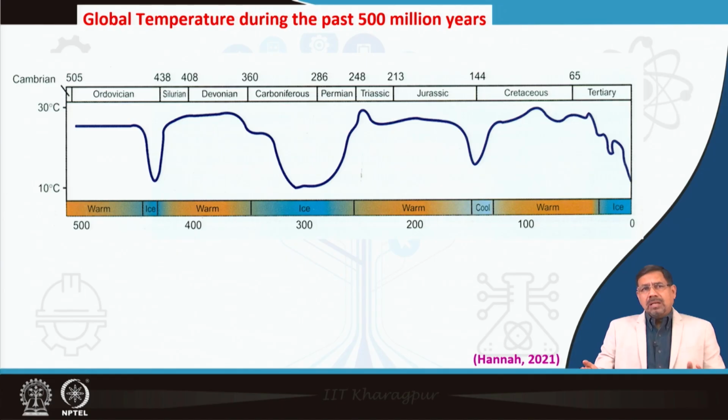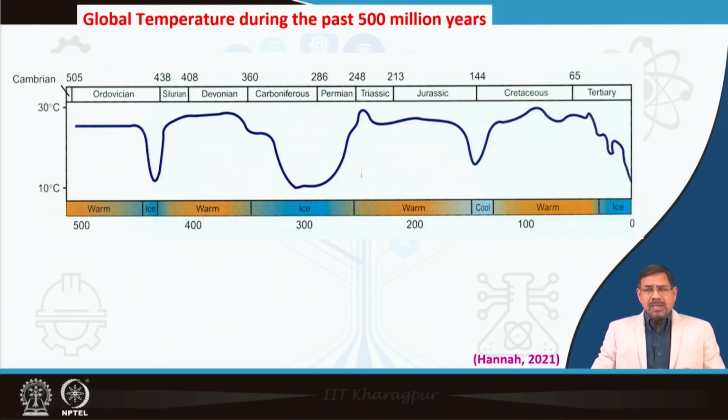And if we mark on the upper side of the x axis the 505 Cambrian era, then all these geological eras have been mentioned here, and it clearly indicates that the Earth's average temperature has fluctuated between 10 to 30 degrees more than 4 times, and look at the fluctuation pattern, it varied between 10 to 30 degrees.